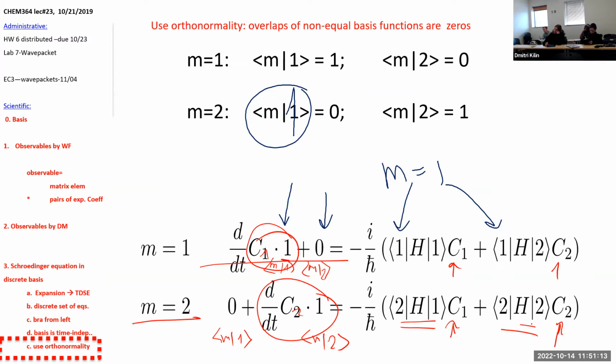So we can identify it as a row-by-column rule. Looking at these two connected equations, C1, C2 can be considered as row by column, this row by this column, and taken out of the bracket as a column vector.